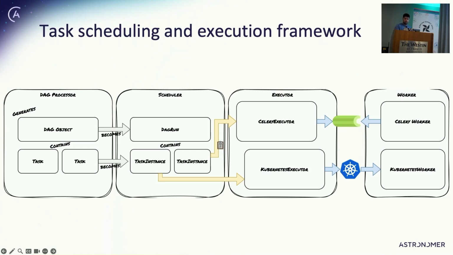This is how it fits in the overall task execution framework or architecture, with the first two boxes here roughly corresponding to the operations described on the previous slide. In short, when a DAG is up for execution, the scheduler creates a DAG run and associated task instances. When task instance dependencies are met, the scheduler sends them to the executor, which is responsible for ensuring that they run.